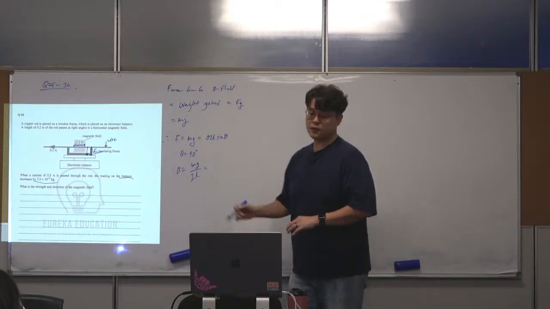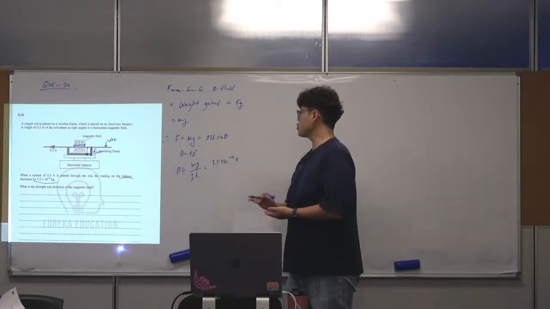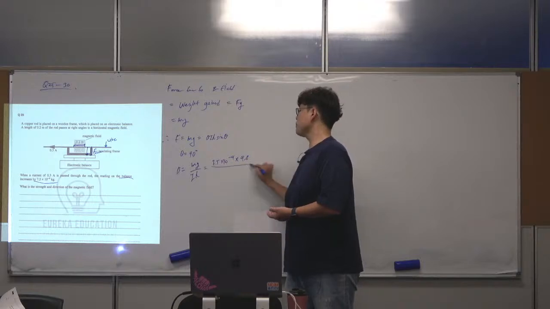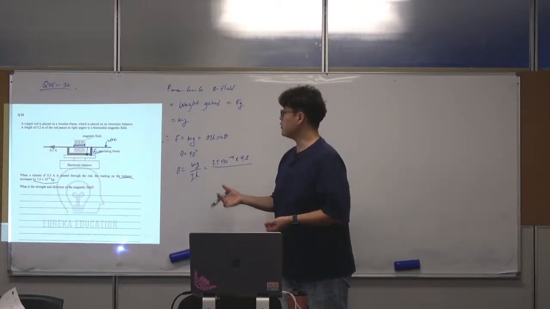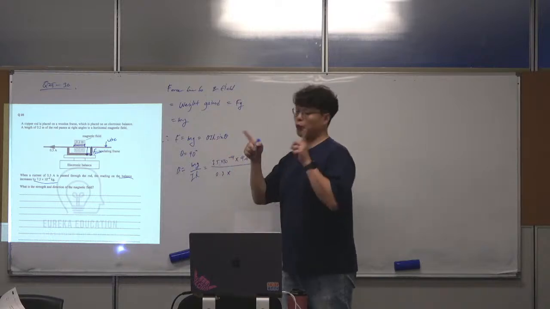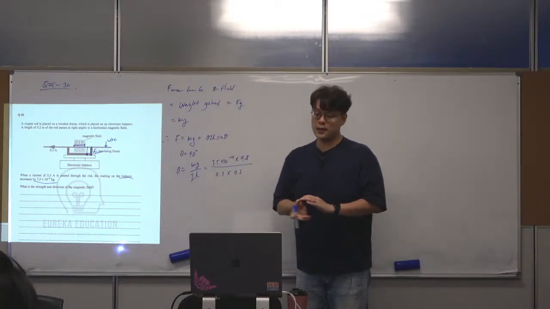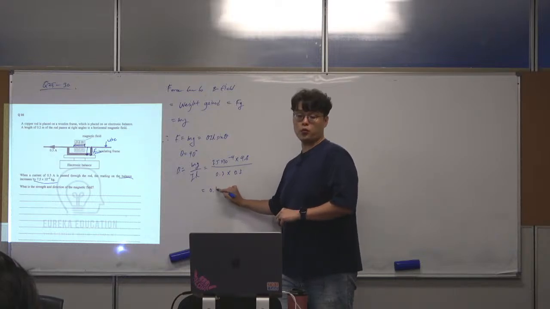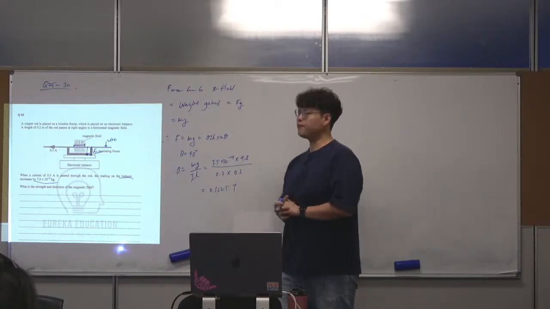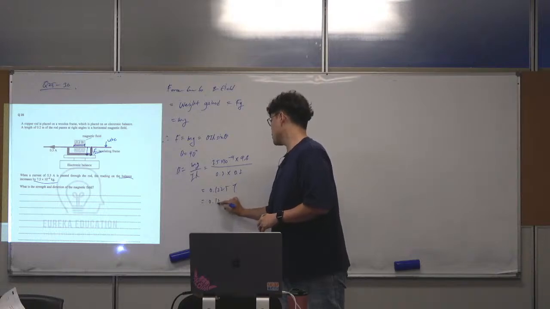The m is given as 7.5 times 10 to the power minus 4, times g, 9.8, divided by the I we're given, 0.3. The length is 0.2 meter only, because we only take account of the region that is affected. Then you get 0.1225 Tesla. Given the two significant figures, this is the same as 0.12 Tesla.